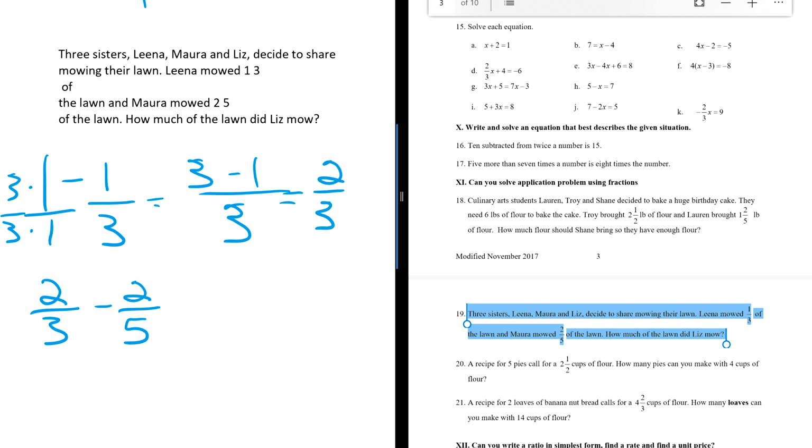All right, and on here, again, I've got to get my denominators the same. I'm going to multiply this side by 5/5. And the right fraction, I'm going to multiply by 3/3.